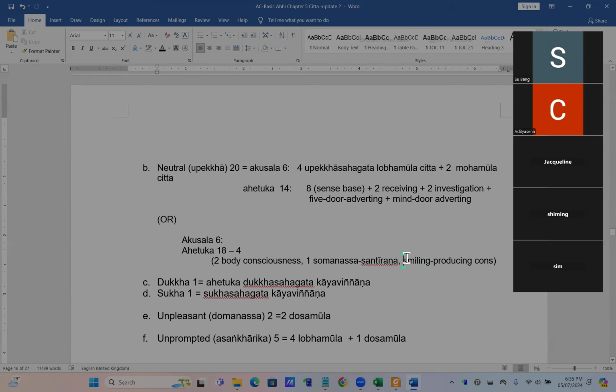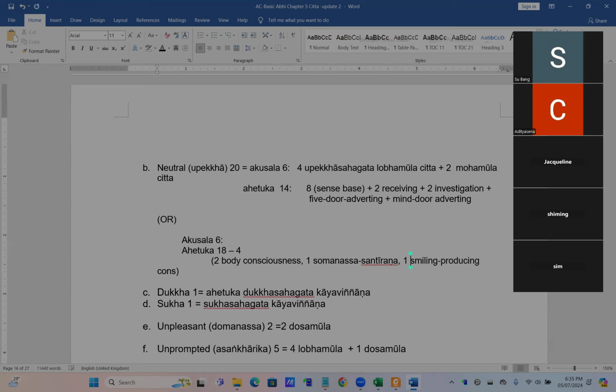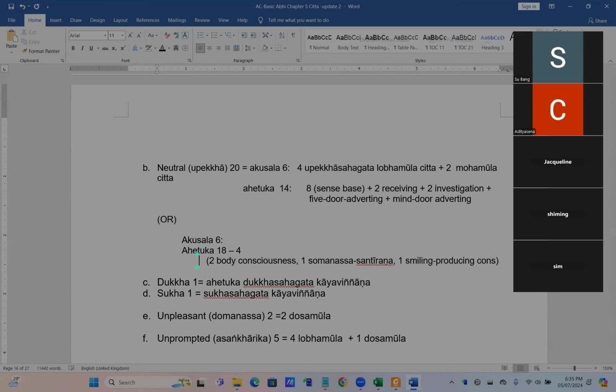So after 18, you minus these 4, you get the 14. So very easy. So 6 plus 14, you got 20. Final number, if you like to remember, just remember 20 is neutral feeling.